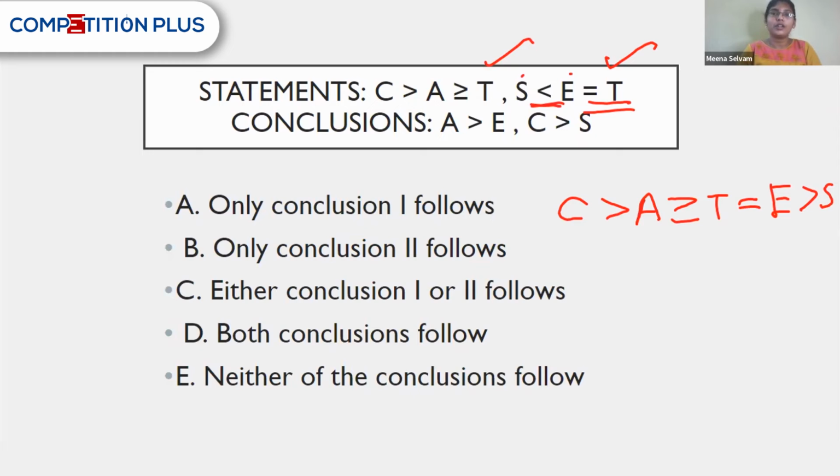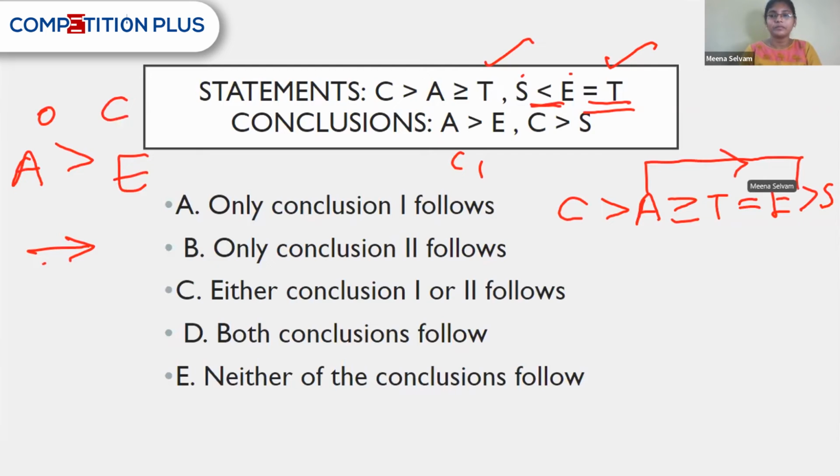Now it is easy for us to check the two conclusions also. So first conclusion, let us check. It is A greater than E. In case of a greater than symbol, this side is open gate and this side is closed gate. So A greater than E means the flow is from A to E. Now you compare from A to E. Okay, so comparing from A to E, I need to check whether the flow is continuous or not.